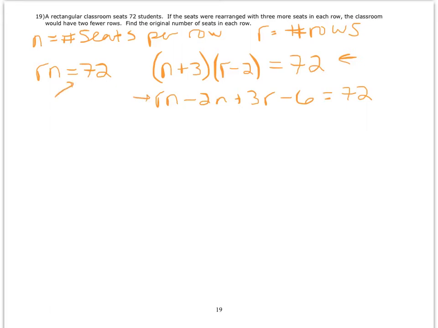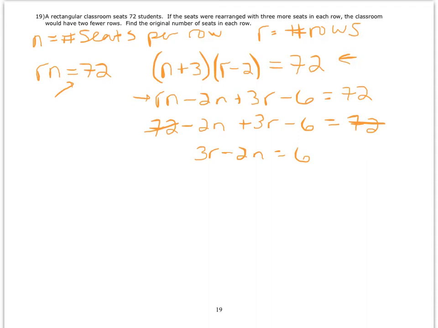So I'm just going to replace this rn with a 72. 72 minus 2n plus 3r minus 6 equals 72. So I can subtract 72 from both sides and those go away. And now I have 3r minus 2n equals 6.